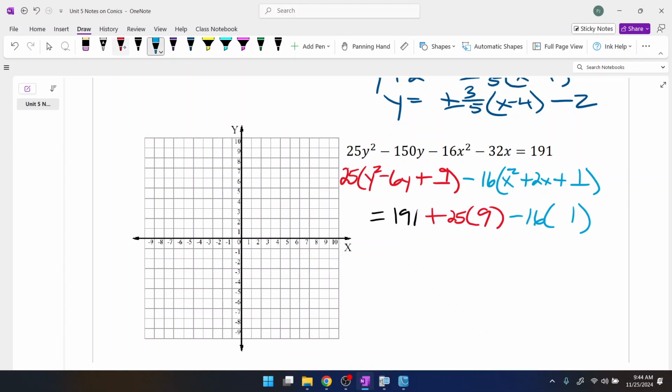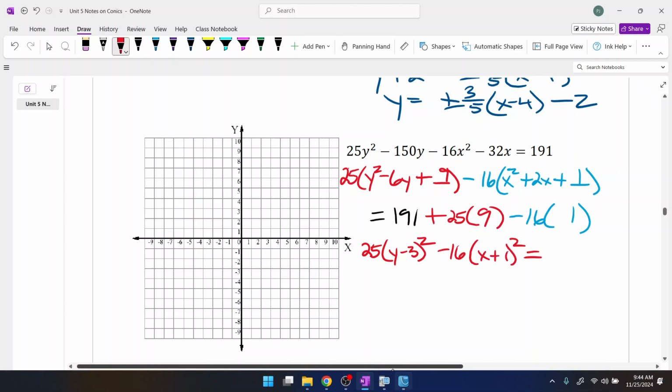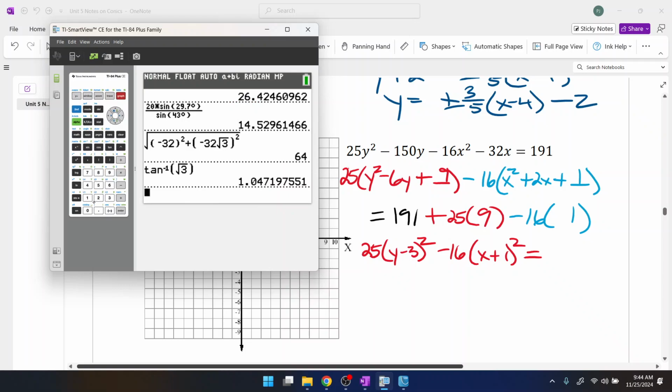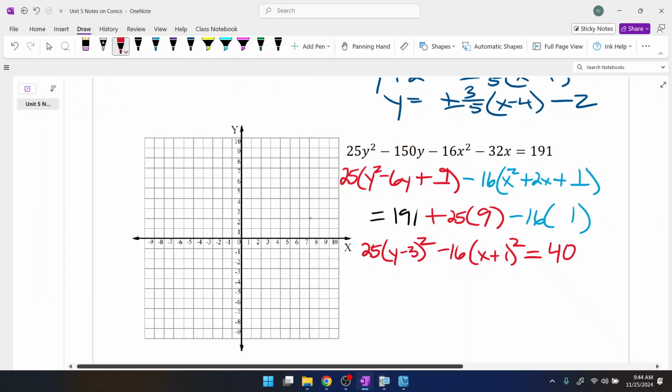So you literally have 25 times (y minus 3) quantity squared minus 16 times (x plus 1) quantity squared equaling... I think this other side is going to equal 400, but let's double check that. 191 plus 25 times 9 minus 16, yes, 400.